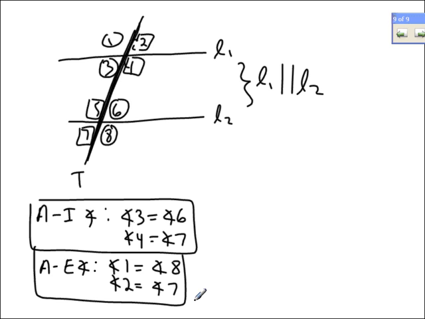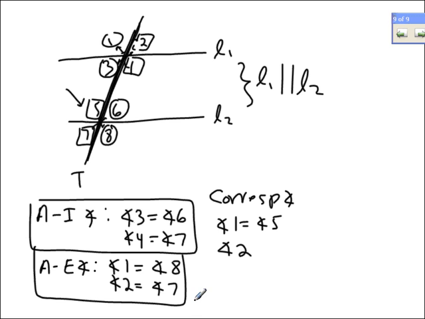But you know, opposite angles are equal. Angle 1 and angle 4 are equal. Angle 2 and 3 are equal. Angle 5 and 8, 7 and 6. But let's call it corresponding angles. Well, the top left angle, 1, is equal to the top left angle, 5.